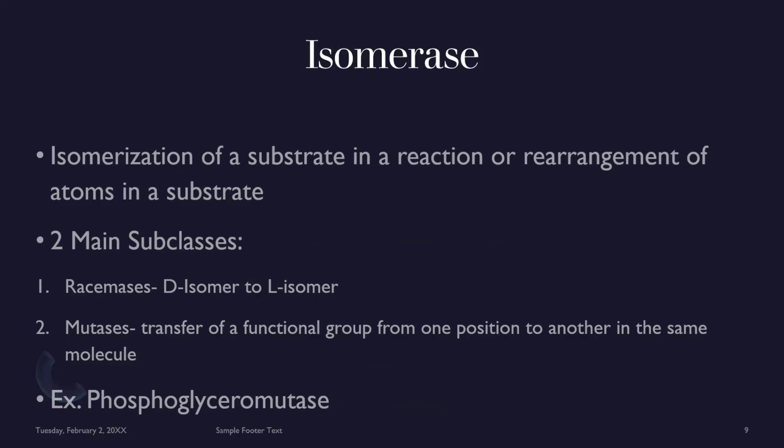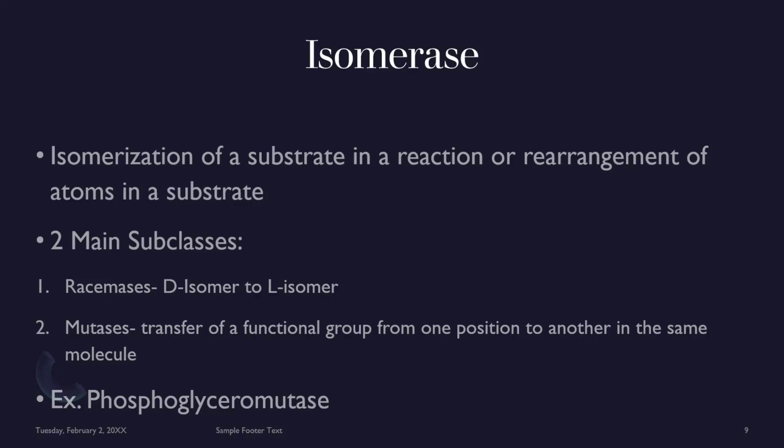It is a type of enzyme that catalyzes a molecule and thus forms its isomers. So there are two types, which are racemases, which convert D-isomers to L-isomers, or dextrorotatory isomers to levorotatory isomers, and mutases, which transfer a functional group from one position to another in the same molecule.